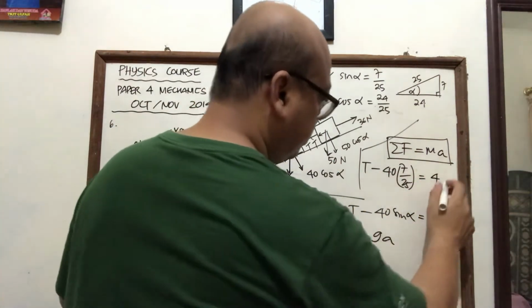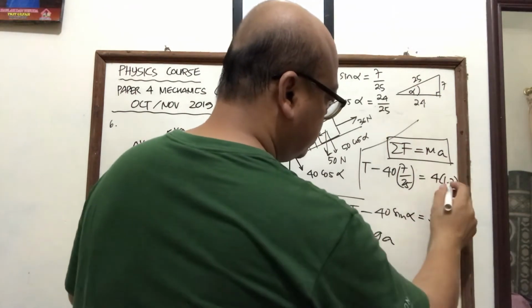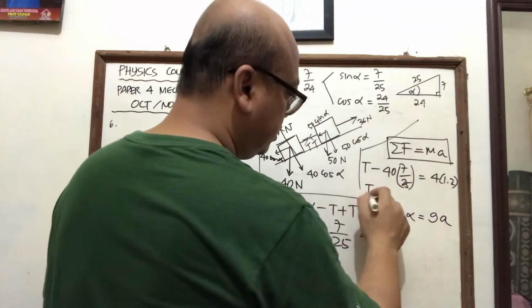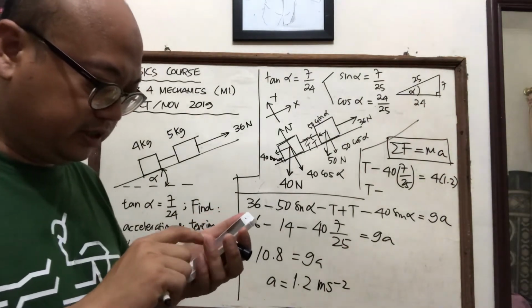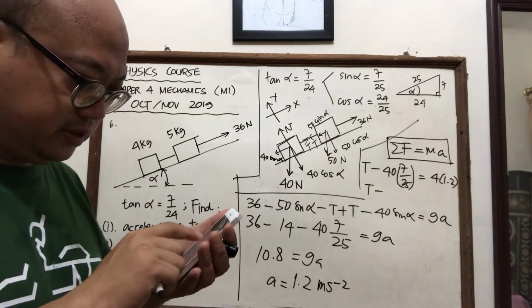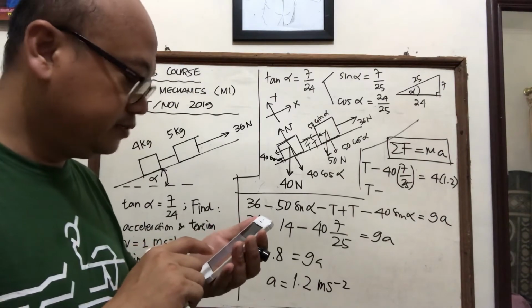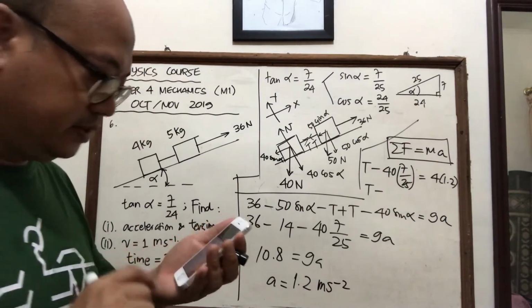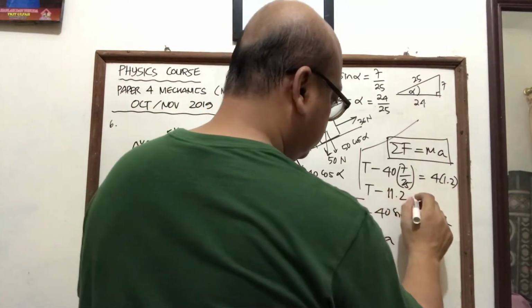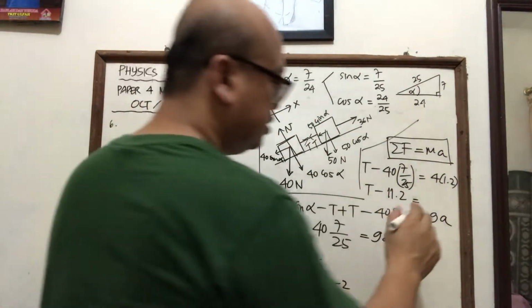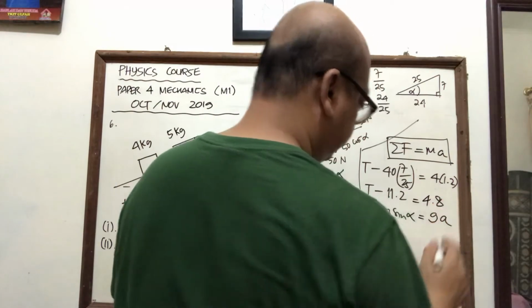A is 1.2. So if we calculate, 40 times 7 divided by 25 is 11.2, and 4a is 4.8.